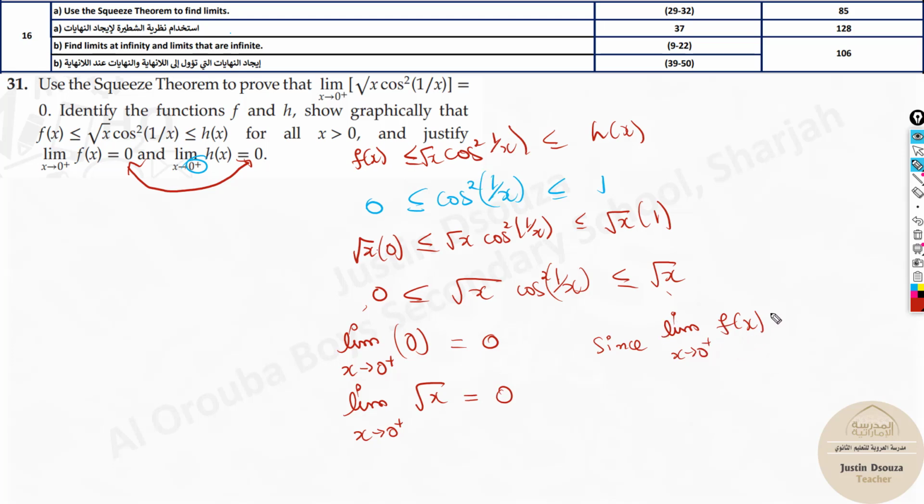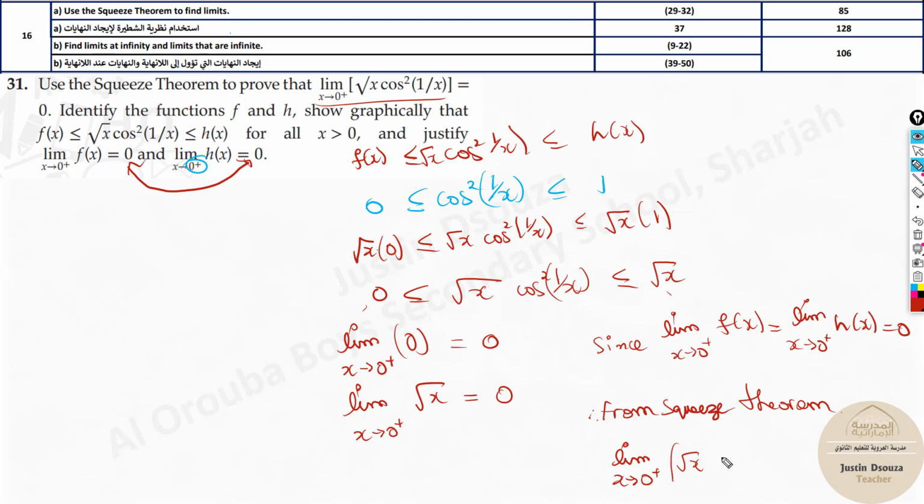Since the limit of f of x as x tends to 0 from the positive side is equal to the limit of h of x, this next function, which is equal to 0, therefore from the squeeze theorem we must have the limit as x tends to 0 plus, which is the question we are finding, of root x cos square 1 by x is equal to 0. That's it. So this is the answer.